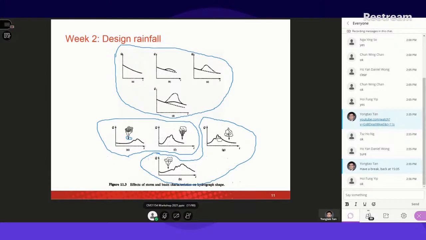It is very easy to understand, right? The broad shape at the outlet means the concentration time will be very short, so the peak flow occurs quickly. And a narrow hydrograph with a high speed means the peak is higher.